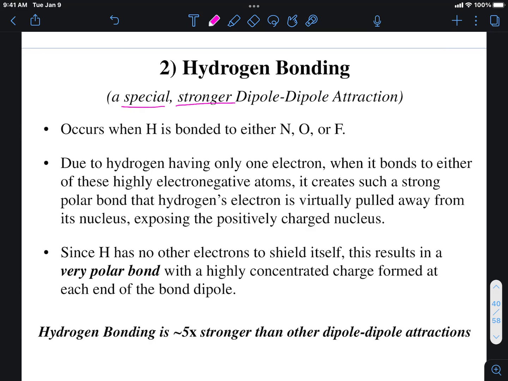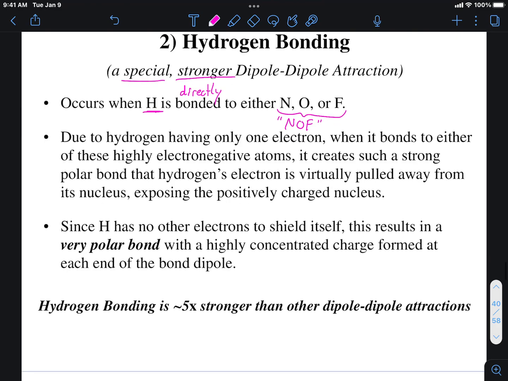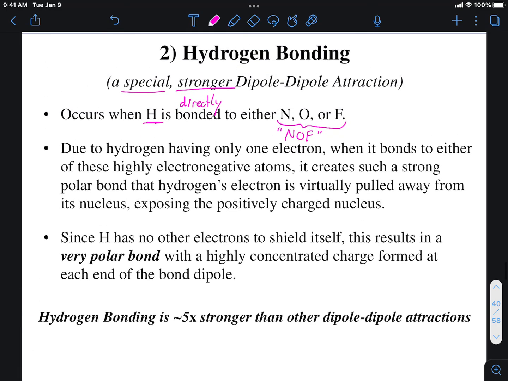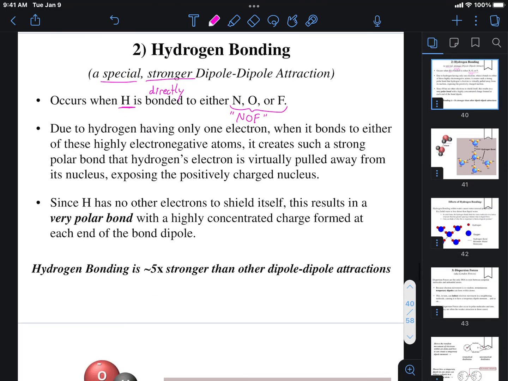So first, this only occurs when hydrogen is directly bonded to one of these three elements: nitrogen, oxygen, or fluorine. Okay, NOF. So here's what happens. I'm going to insert a page here just so I can draw this in detail to help explain it.